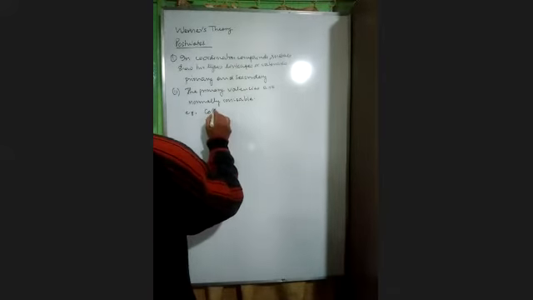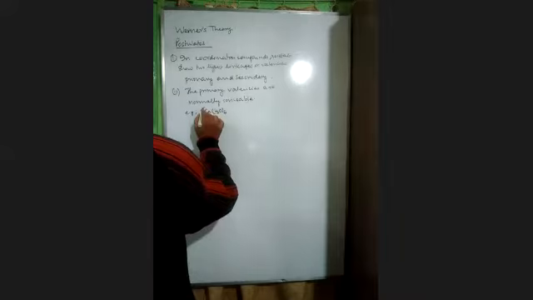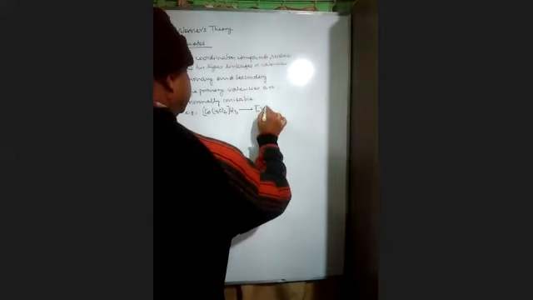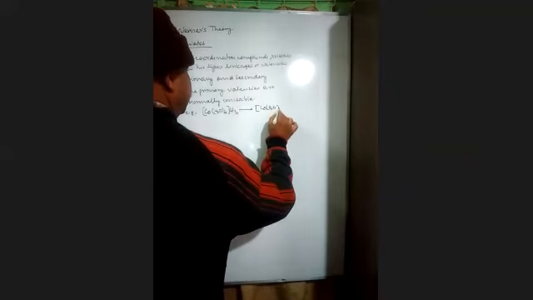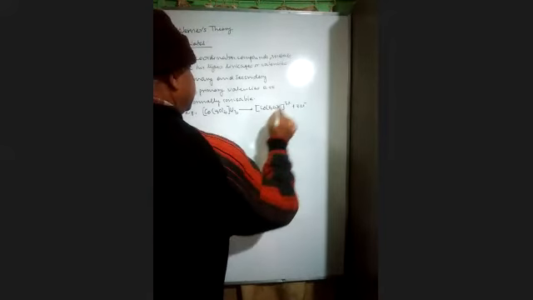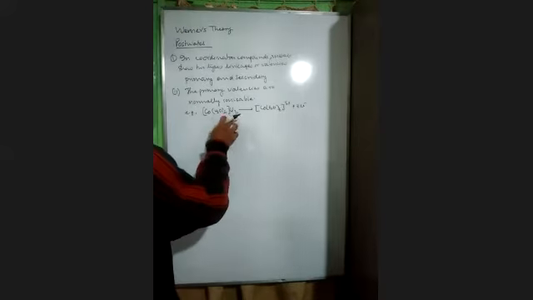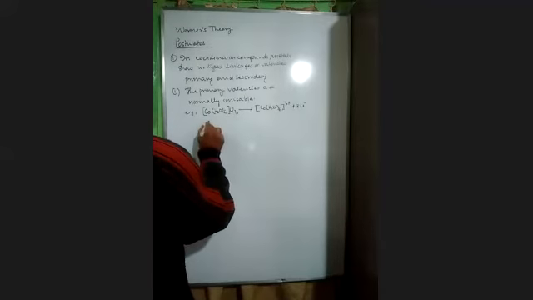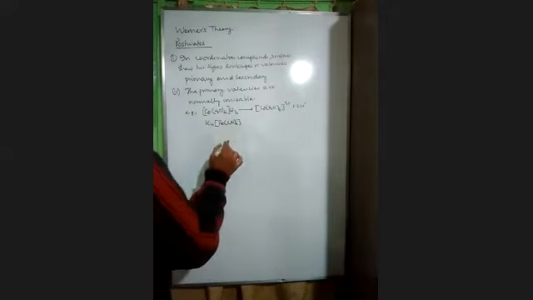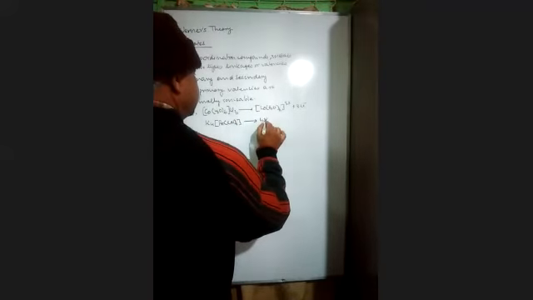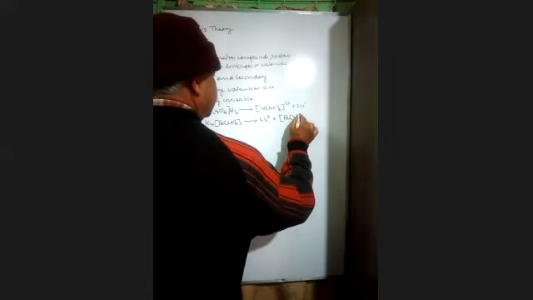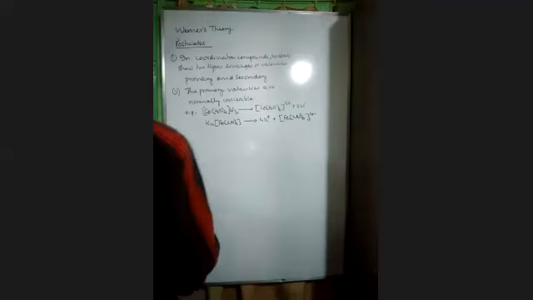[Co(NH3)6]Cl3 gives [Co(NH3)6]3+ and 3Cl-. So this is the primary valency. Or let me write again here: K4[Fe(CN)6] gives you 4 potassium ions and the ferrocyanide ion.